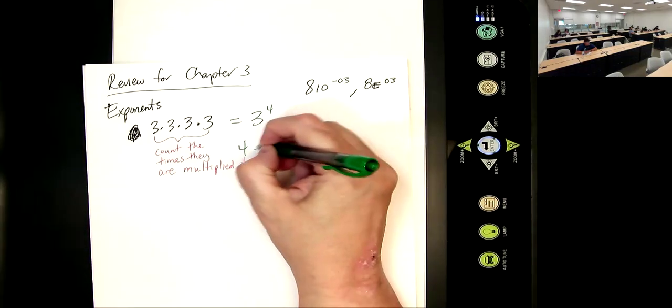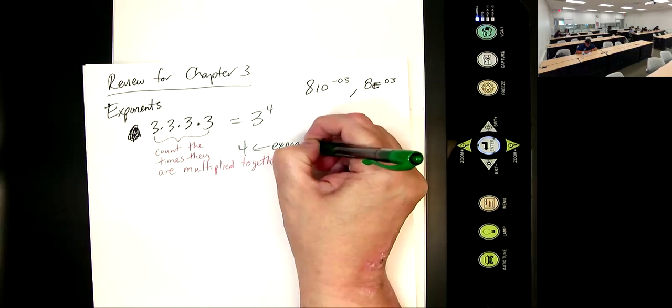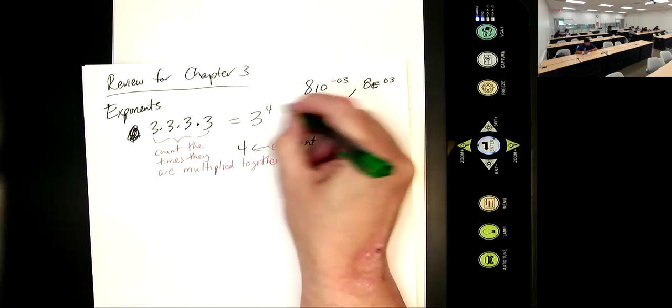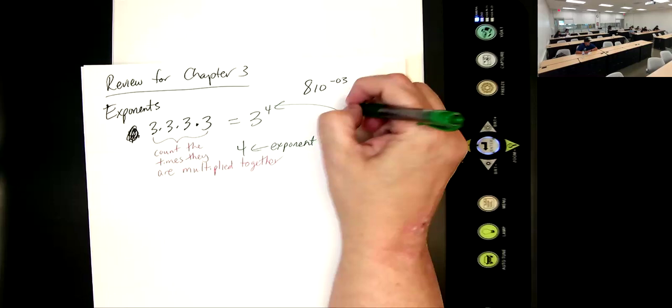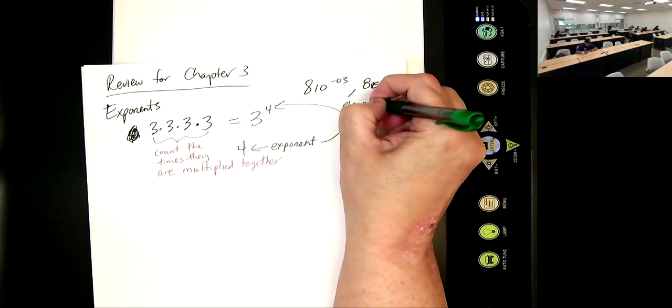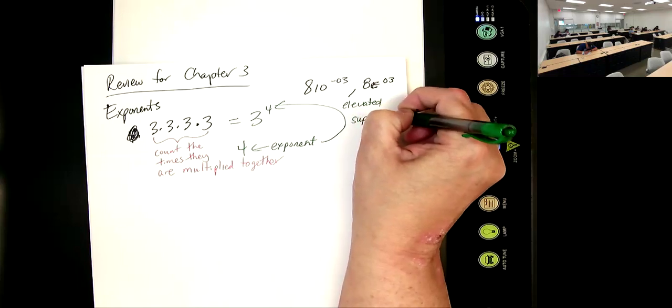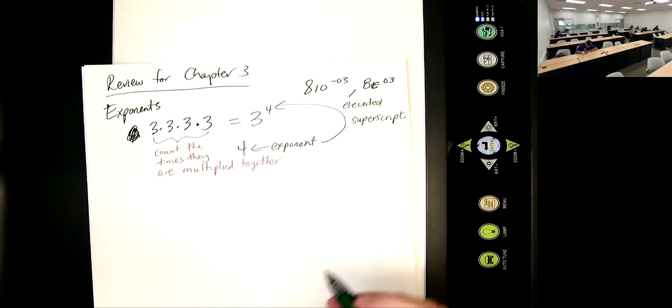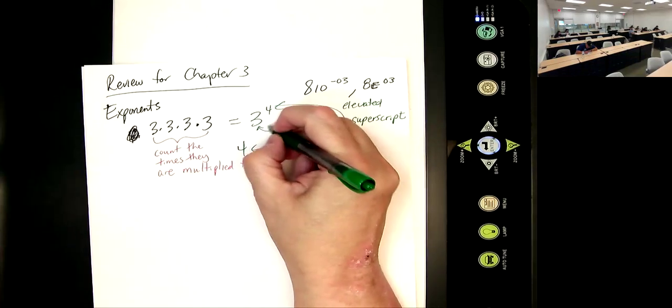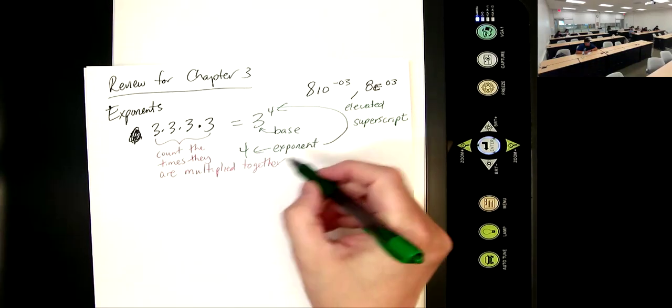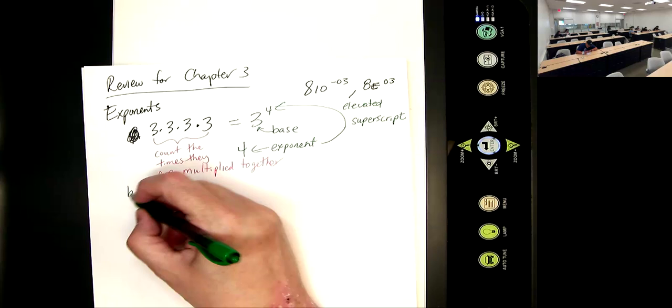So this is called the exponent, and we put it in an elevated position. It's elevated, that is called superscript, when it's floating in the air. And this number here is called the base. The base is what is getting repeated.